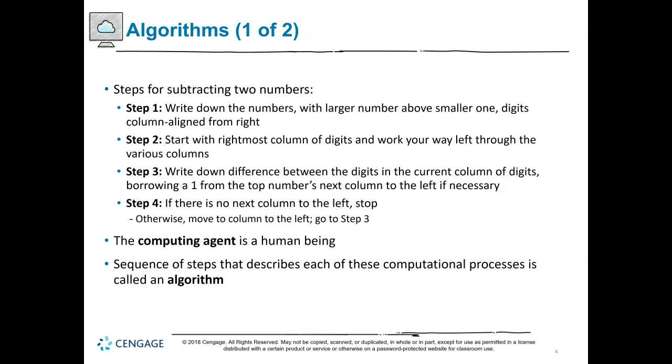Our thermostat has an algorithm. If it's set to 75 degrees in heating, and it's 70 degrees, it sees that and says, aha, I turn on the furnace for a while. In this case, there's an algorithm for subtracting numbers. We write down the numbers, we start with the rightmost column. These are things that you have all done. You maybe didn't call it an algorithm, but you said, hey, that's a pattern when I add, subtract, or multiply.